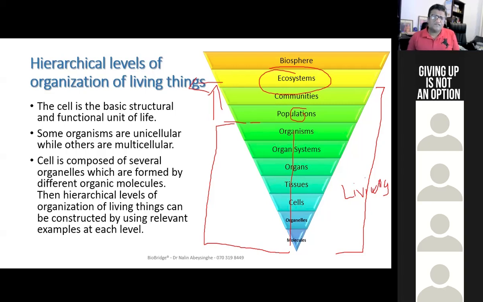They interact with the soil underneath the rock. It's a small ecosystem there. A fish tank is an ecosystem. Then all those ecosystems form together to form your biosphere. In other words, it's the earth or the globe we are living in. So it's a biosphere.